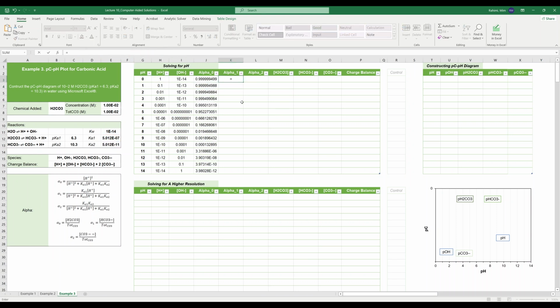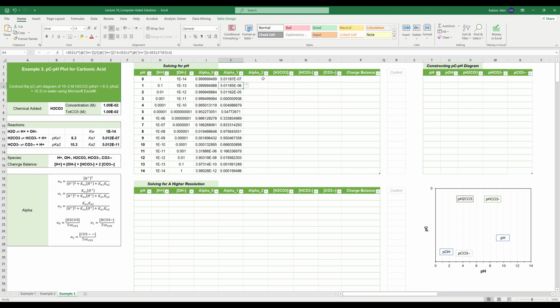So alpha 1 would be basically Ka1 times H plus, and this Ka term is constant, divided by the denominator, and alpha 2 would be Ka1 times Ka2, and both are constant.